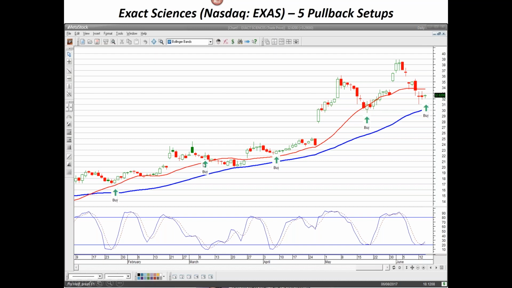And we can see 1, 2, 3, 4, 5 entry signals here over a period of 5.5 months in this biotech stock, which is about par for the course. You do get quite a few signals in this particular setup.